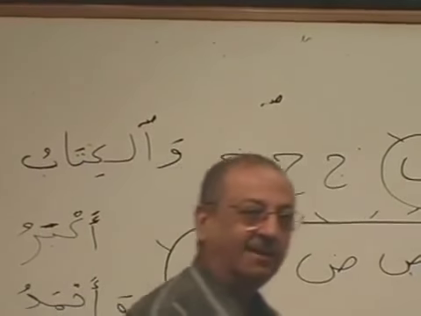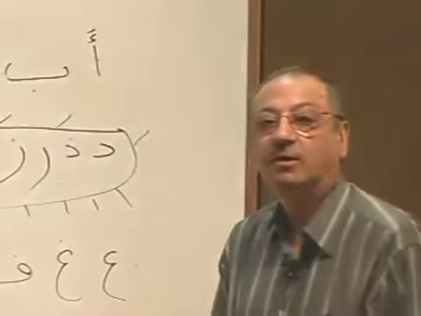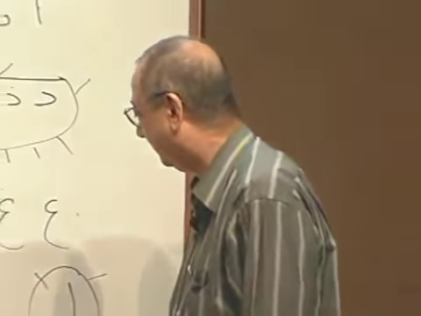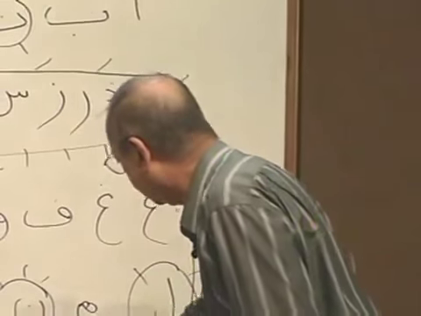So the Hamza of Al is Hamzatul Wasal. Okay? Now what happens if the letters are, in English, we call them moon letters, and in Arabic, we call them Al-Huruful Kamriya, moon letters, and Al-Huruful Shamsiya, sun letters. Okay? That's why I try to put a little bit of extra here, brothers and sisters.